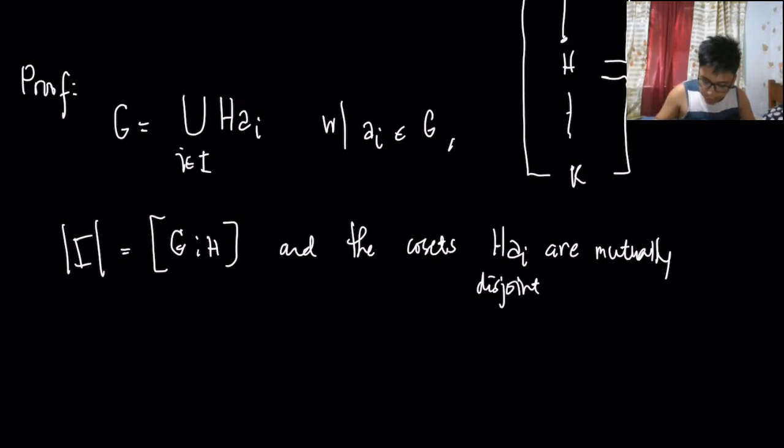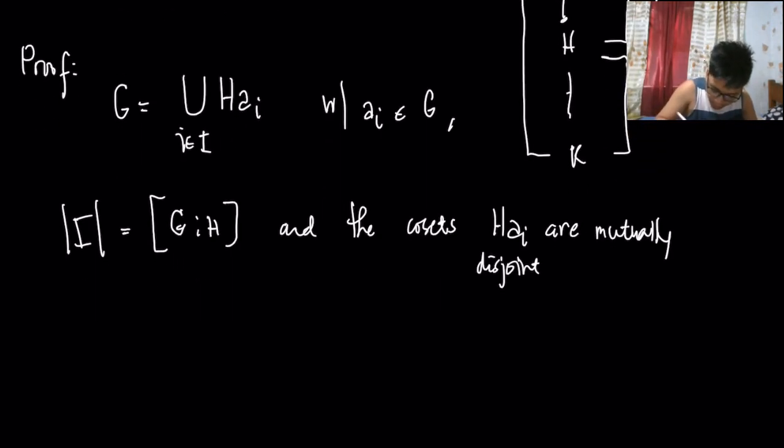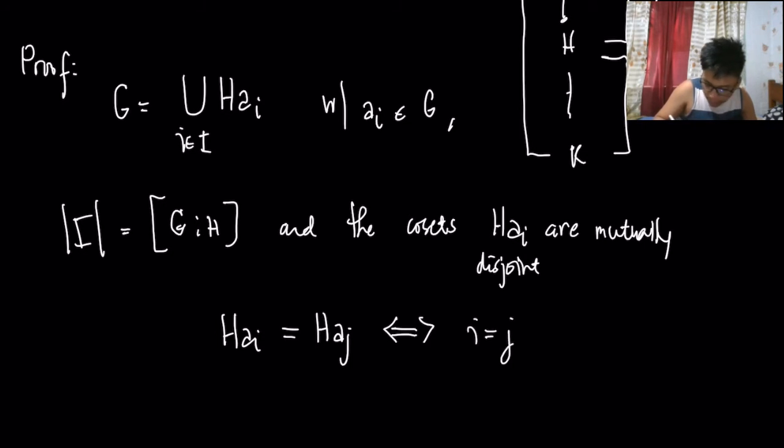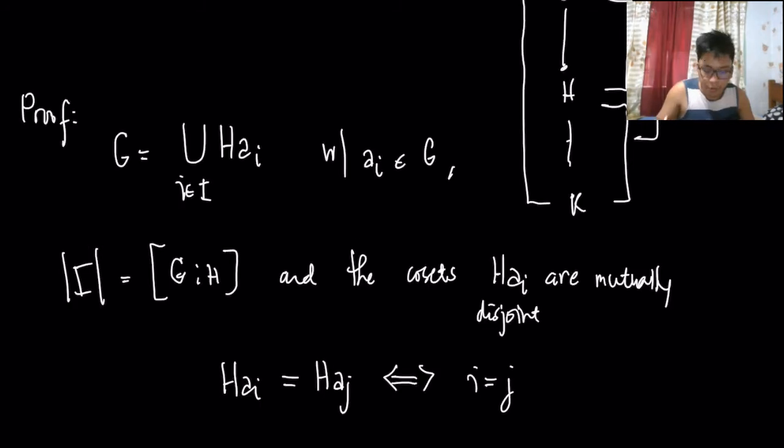When we say it's mutually disjoint, it simply means that if H a_i equals H a_j, then i equals j. So that's it.